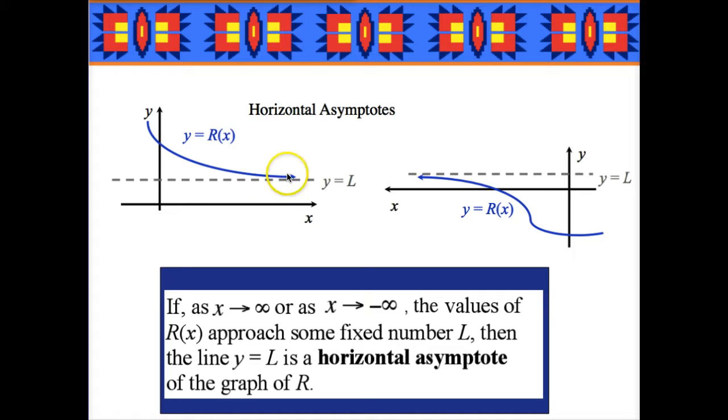This end behavior here is going to come down and get really, really close to this value L, whatever that may be, 2 or 1, but it will never cross it or touch it. Same thing up here. This function r is getting very close to this value of L, but it will never cross it or touch it. That's this end behavior, and this forms our horizontal asymptote.